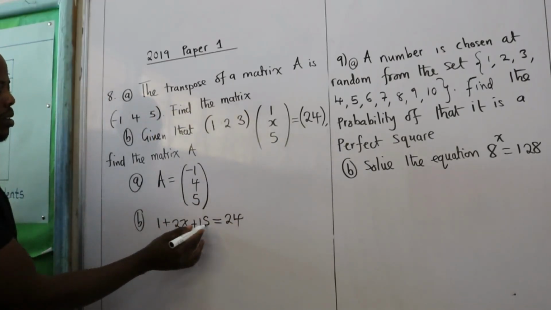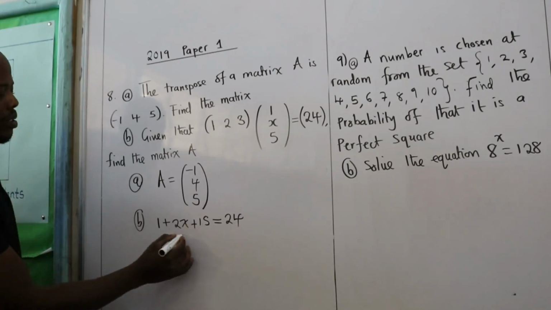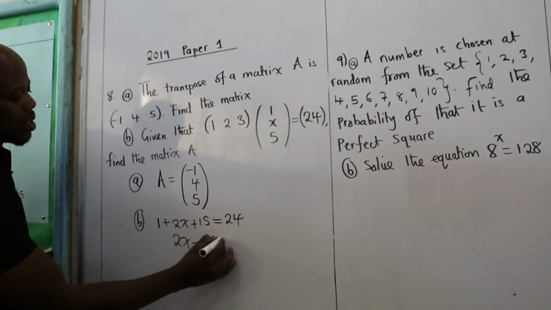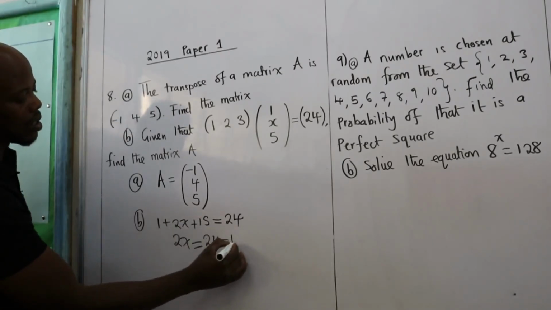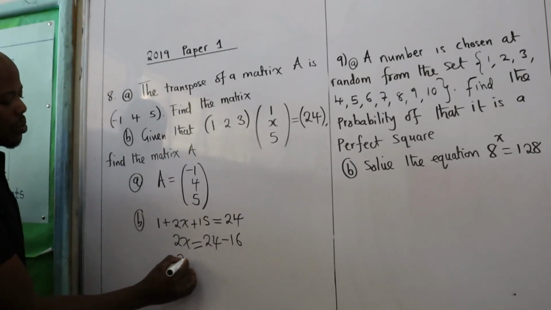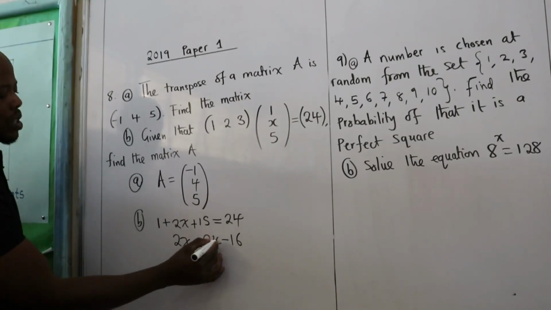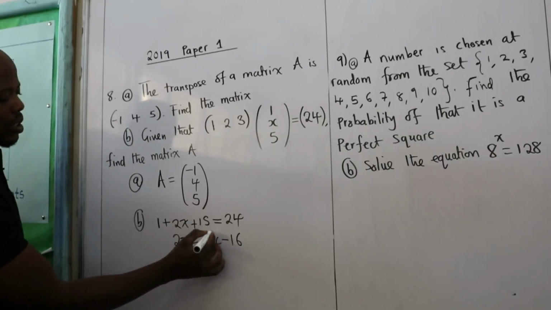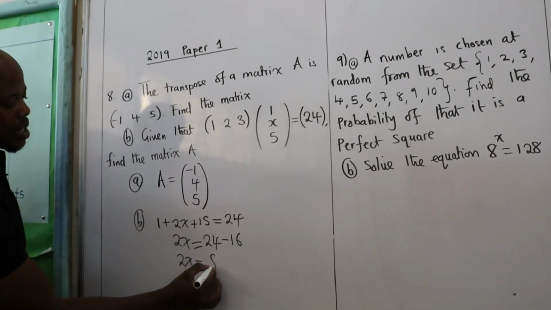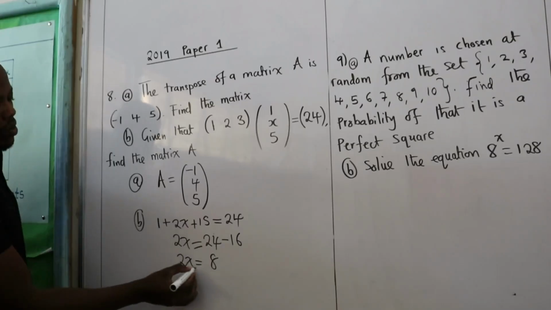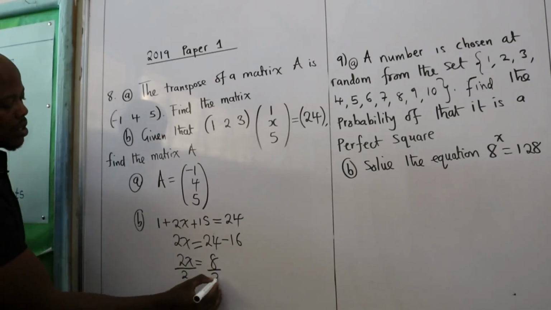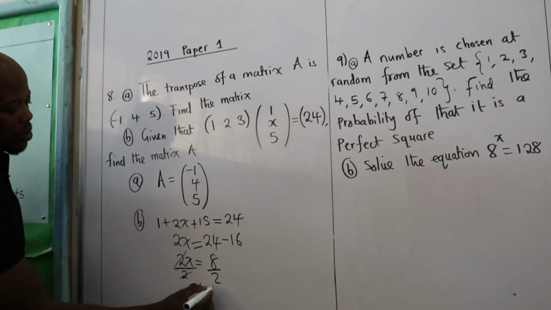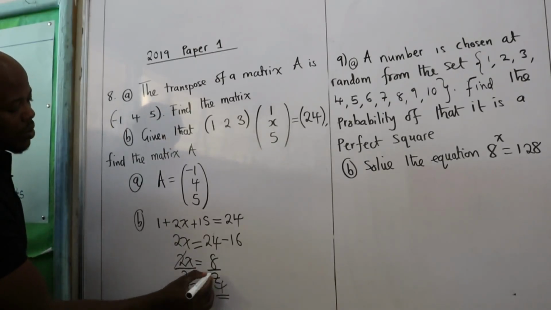This is 1 plus 15 is 16. So we group the like terms. This is 24 over here minus the 16, which we just found. So this will be 2x is equal to 8. We divide by 2, divided by 2. This and this will go, x will be equal to 4. So the value of x here is 4.